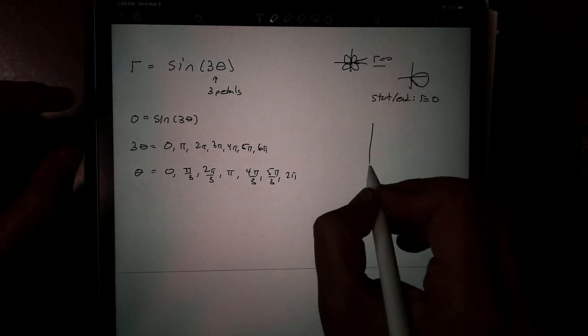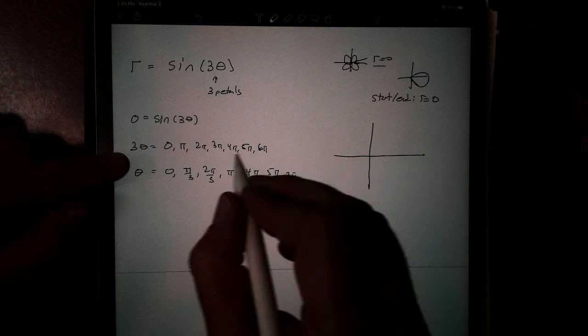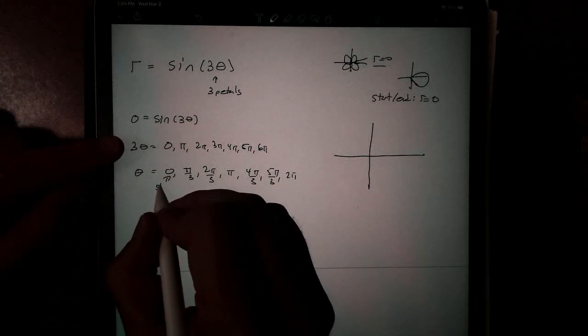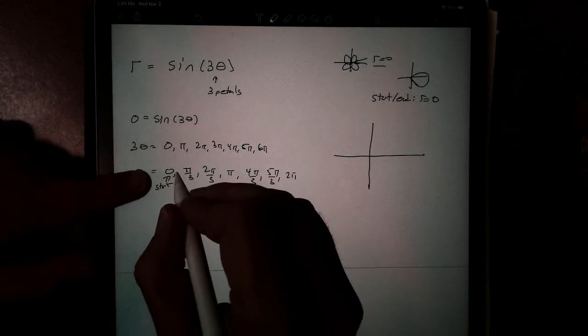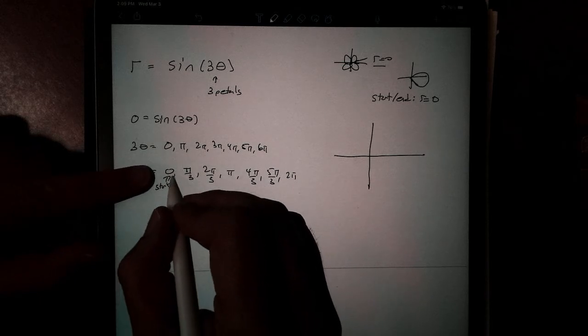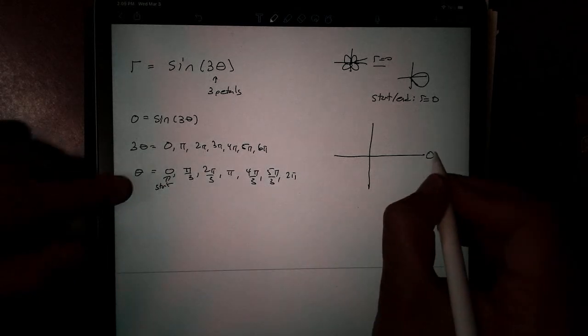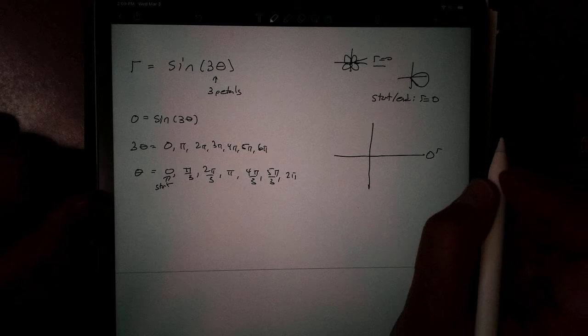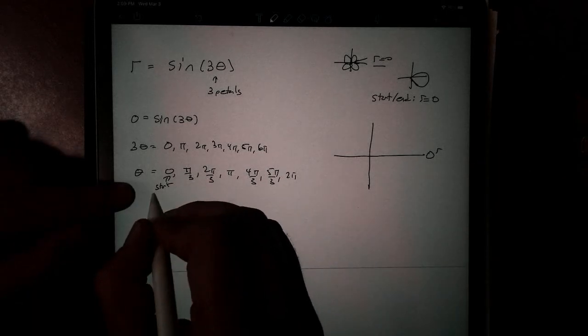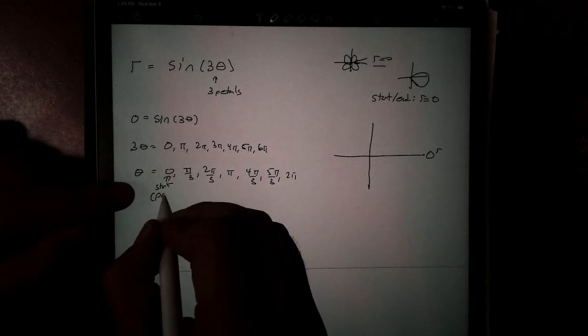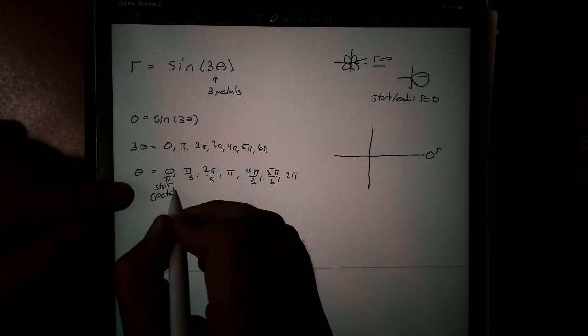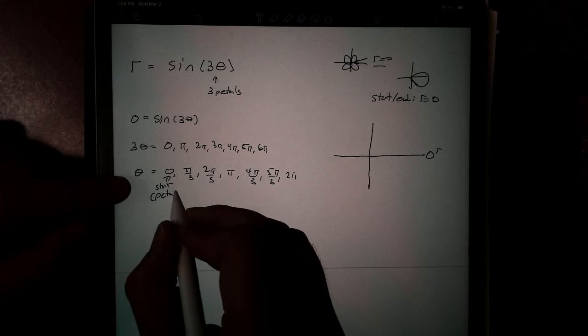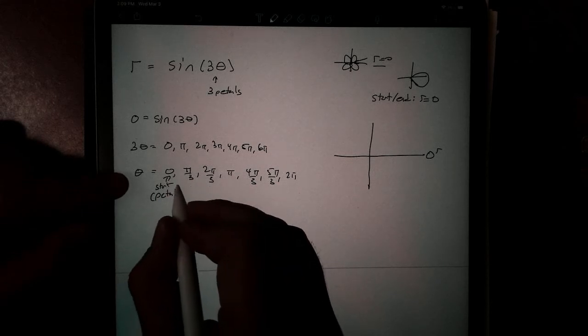When I graph this, remember, I'm starting here at 0 radians, and this tells me where my petal starts. Well, when is the next time my radius is 0?